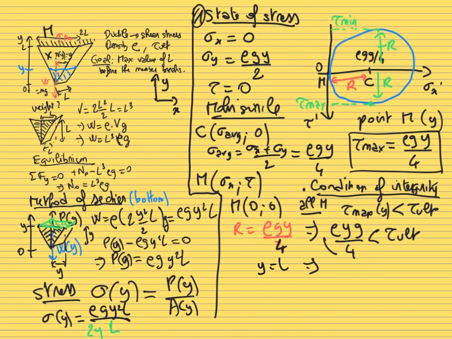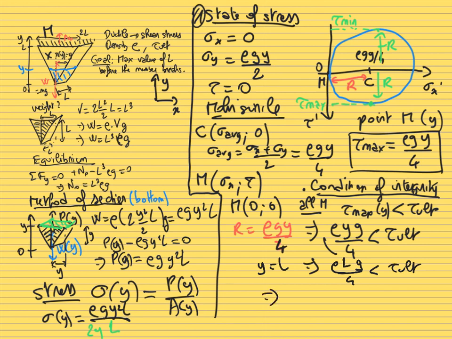If it's true at y equal L, the point at which the shear stress is the maximum, then it's going to be true everywhere throughout the member. So the condition that needs to be satisfied is that at y equal L, the shear stress, rho L times g divided by 4, needs to be lower than the ultimate shear stress.